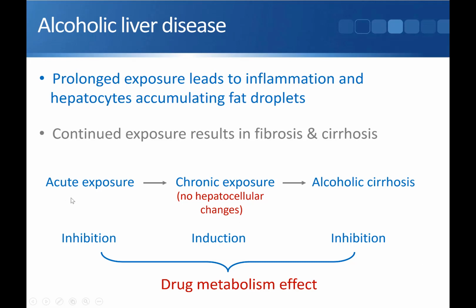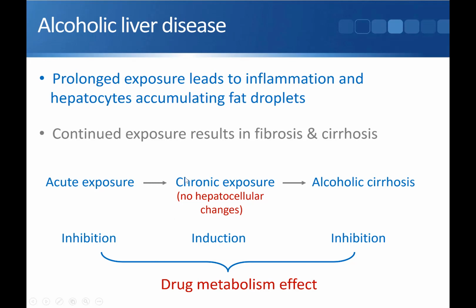If you get acute exposure, so let's say you have a short period of time where you are imbibing an awful lot of alcohol, that can temporarily inhibit or limit the liver's ability to metabolize drugs.